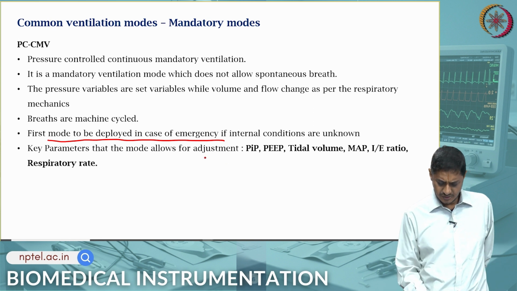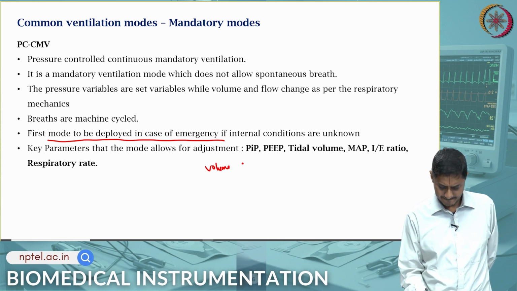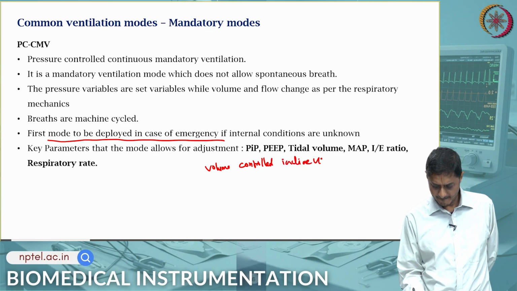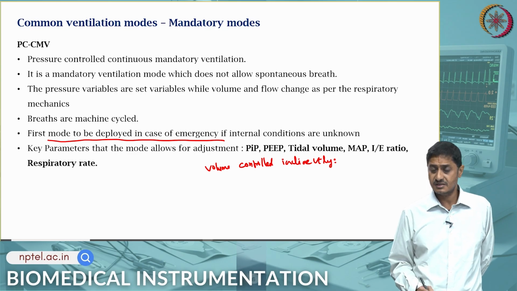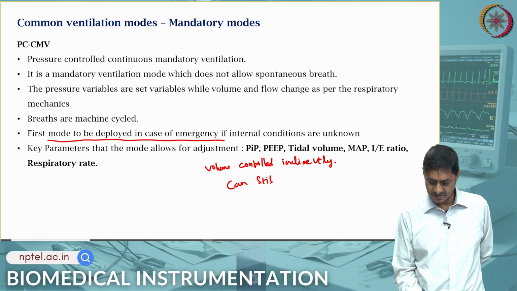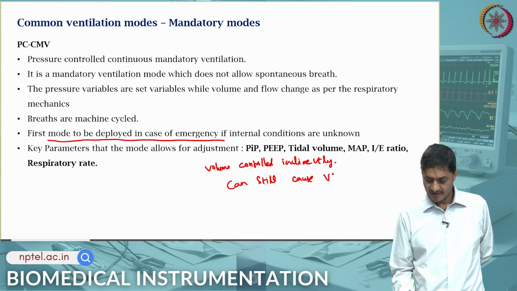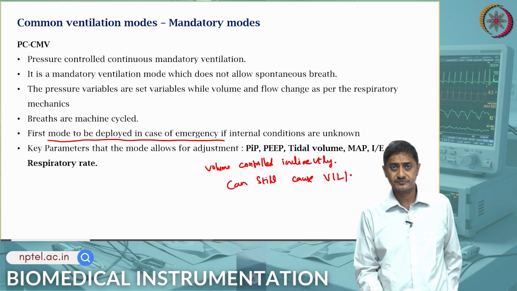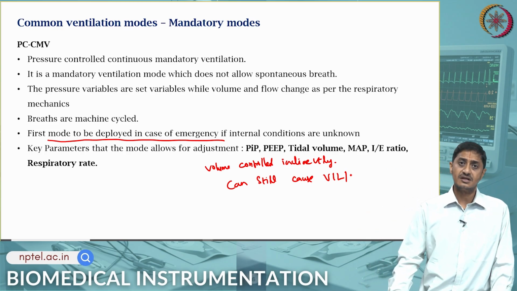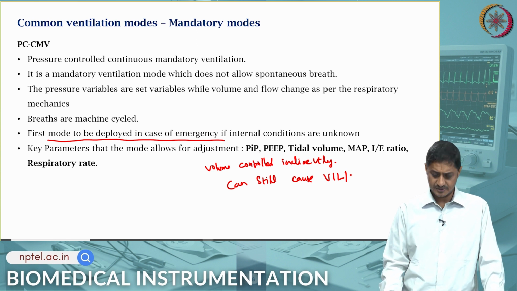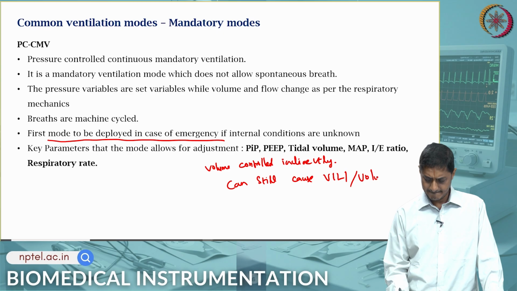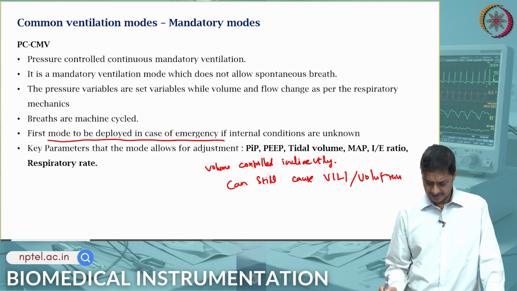The answer is volume is controlled, but indirectly. Remember, because volume is controlled indirectly, despite all safety mechanisms, it can still cause VILI, ventilator induced lung injury, or volutrauma. That is still a possibility.